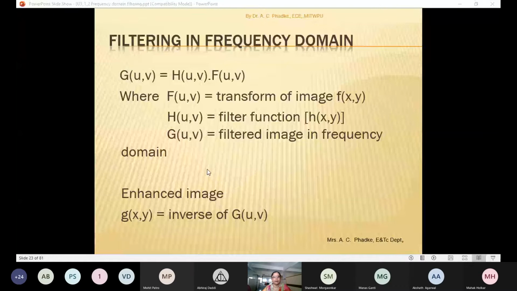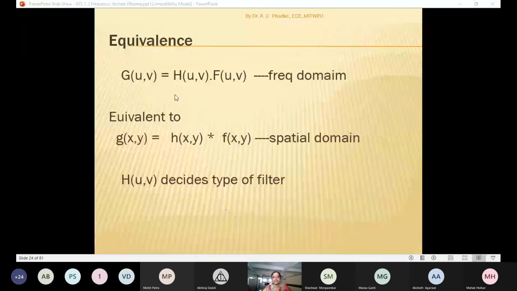So this is our frequency domain operation for image filtering, which is simple multiplication of the filter function with the Fourier transform of the image, and the same thing is equivalent to convolution in the spatial domain, or in the image plane.